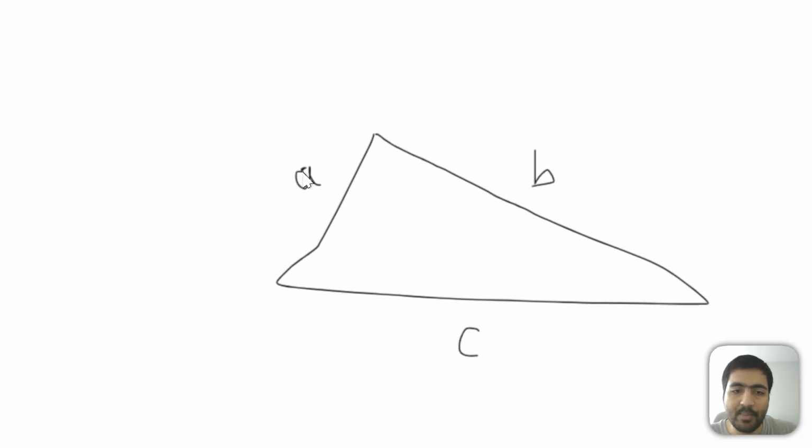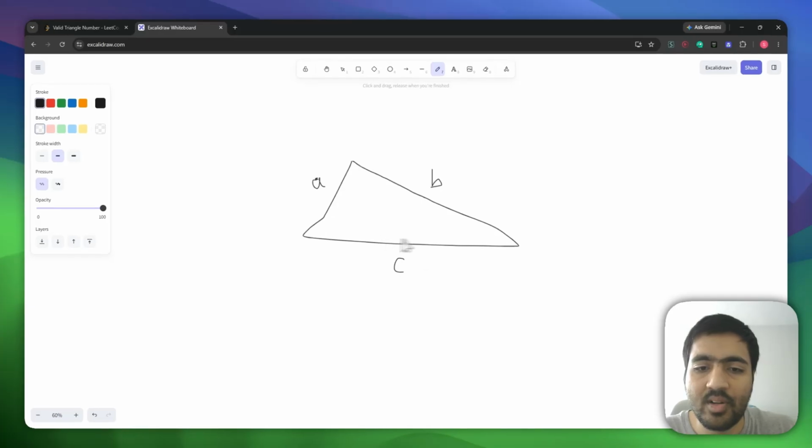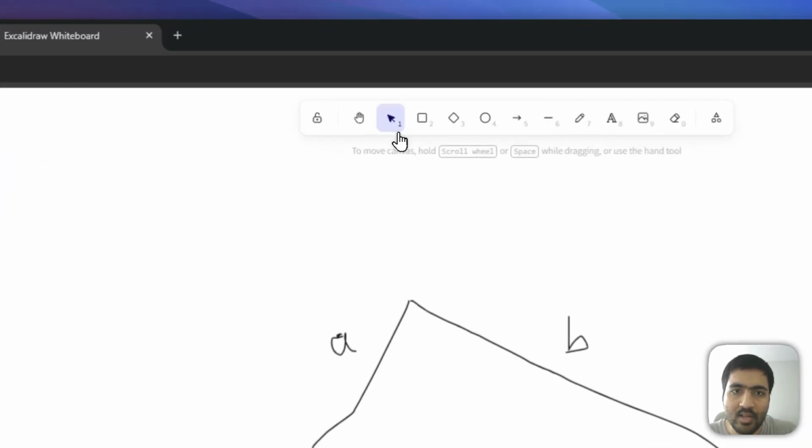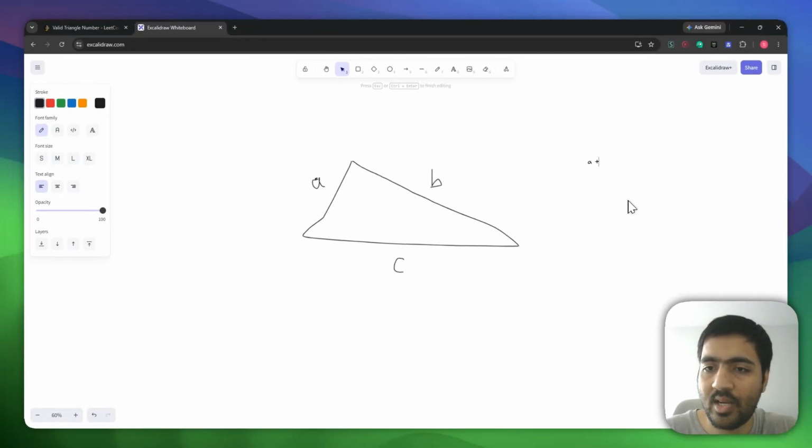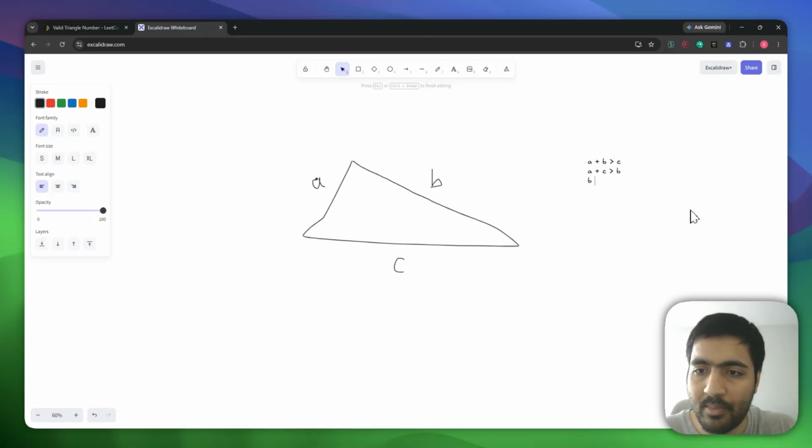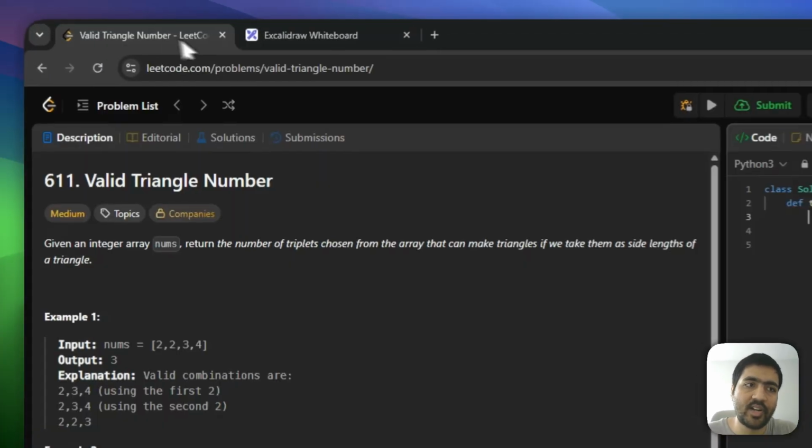So for this example, ABC triangle, if C is the longest side, we always have to make sure length of A plus length of B is greater than length of C. Similarly, if B is the longest side, we have to make sure length of A plus length of C is greater than length of B. And finally, if A is the longest side, we have to make sure B plus C is greater than A. If these inequalities hold true, then we can say it's a valid triangle.